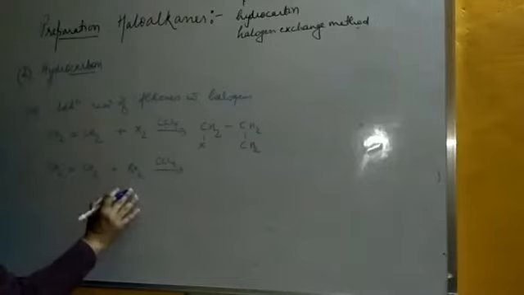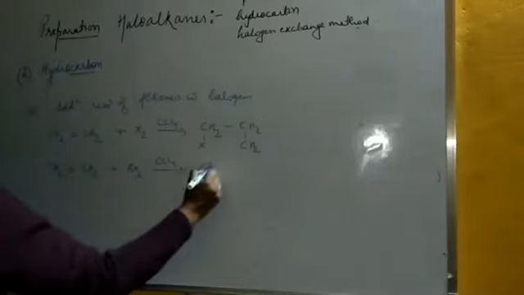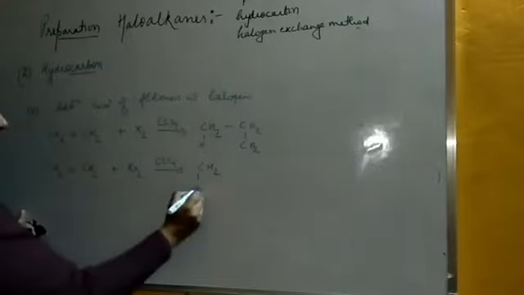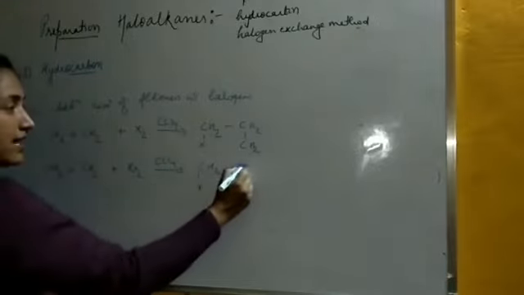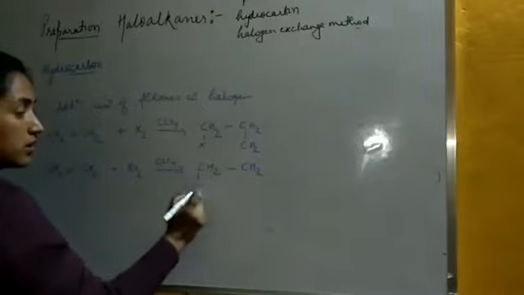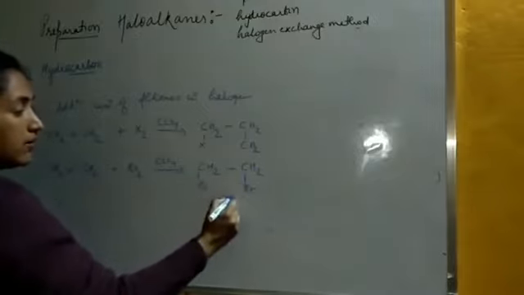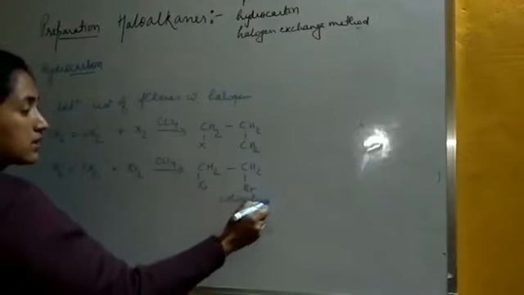So if a hydrocarbon contains a double bond, and we use bromine water, which is reddish brown in color, and it is added to an alkene, if it has an unsaturation, students, it will decolorize. That means it will become colorless.